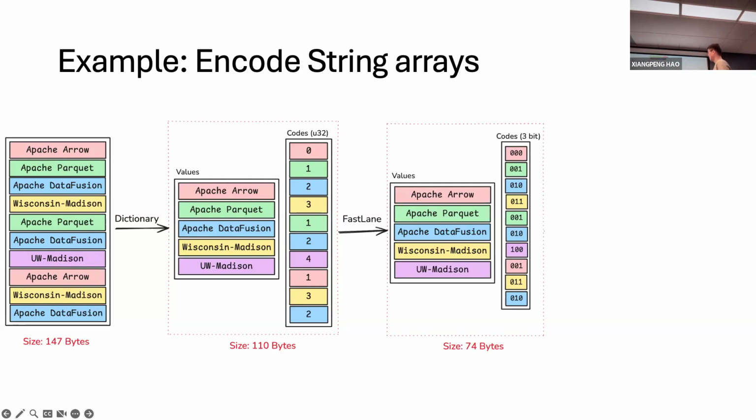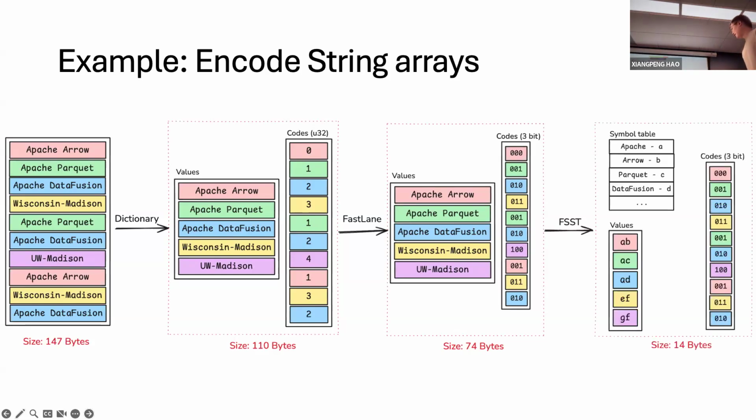We observed that there are repeating substrings. Apache appears 3 times, and Madison appears 2 times. Then we can break those long strings into smaller strings, and we can run FSST, essentially the FSST algorithm, which does the job for us. So it has a symbol table, which says Apache is A, Arrow is B. So here Apache Arrow is AB, and Apache Parquet is AC, etc. Right.